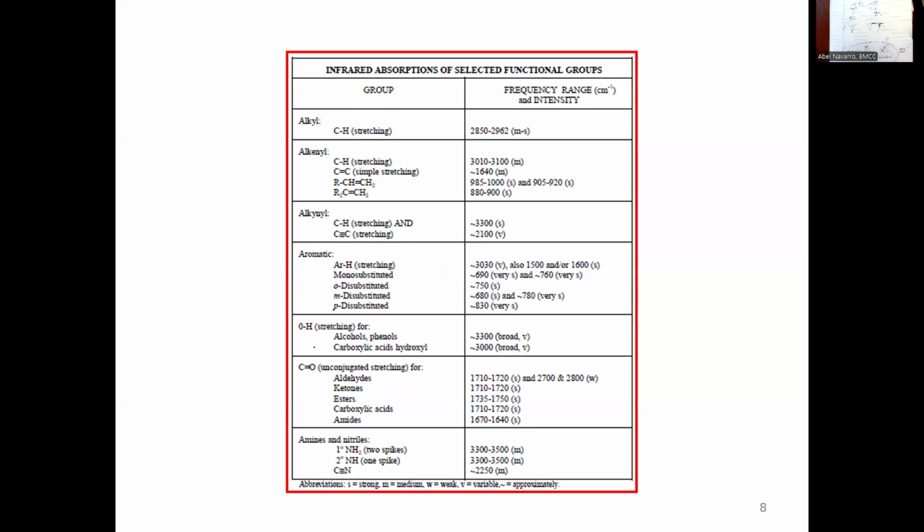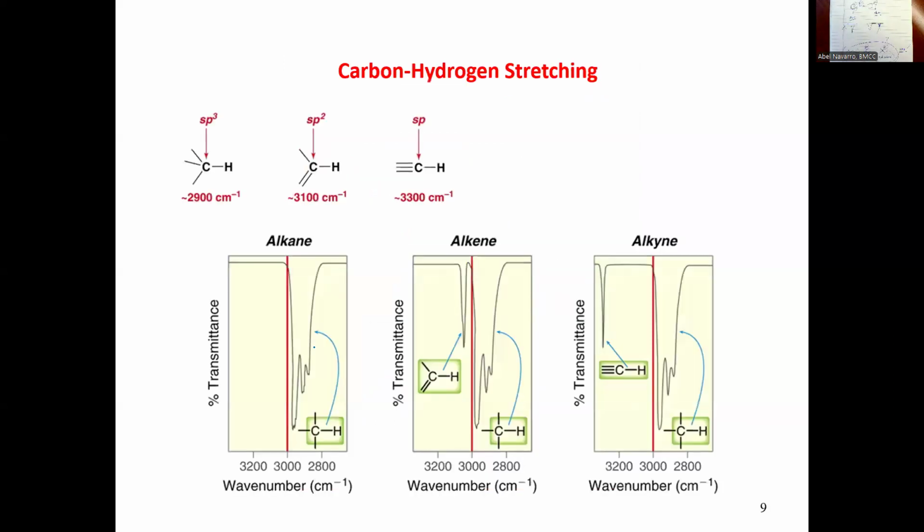So as another reference table, let's start with the first one. Now we are with the carbon hydrogen, CHs. There are different types of CHs as we mentioned before. There is what we call a CH sp3. CH sp3 is a carbon that is fully single bonded, so that CH will have a particular IR.